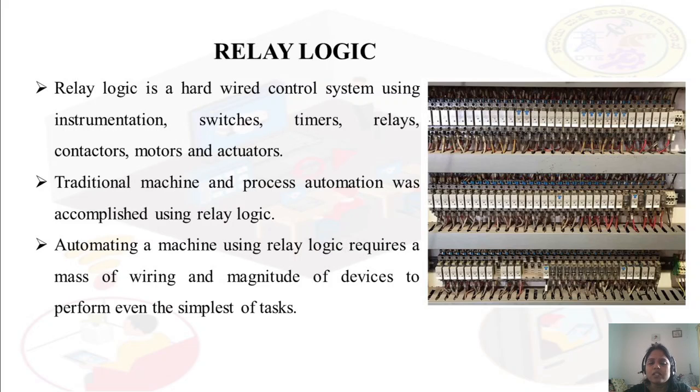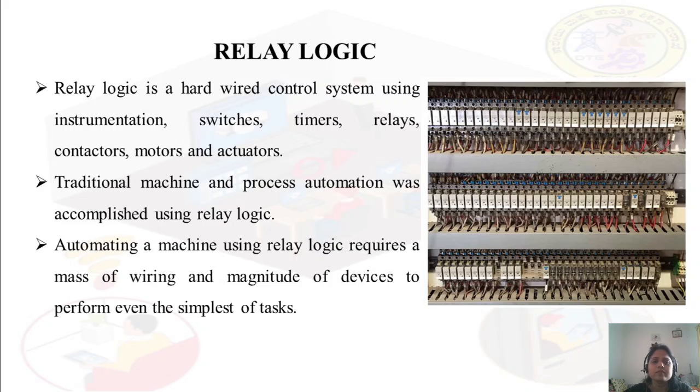For all these things, it required very elaborate wiring. All were hardwired, complex, with elaborate wiring. So after the development of the microprocessor, it also led to the quick development of PLCs.